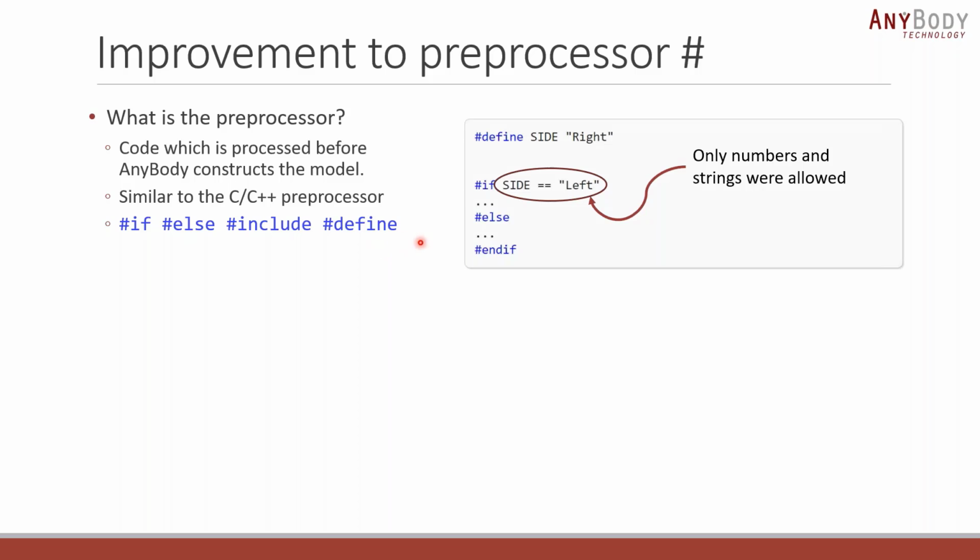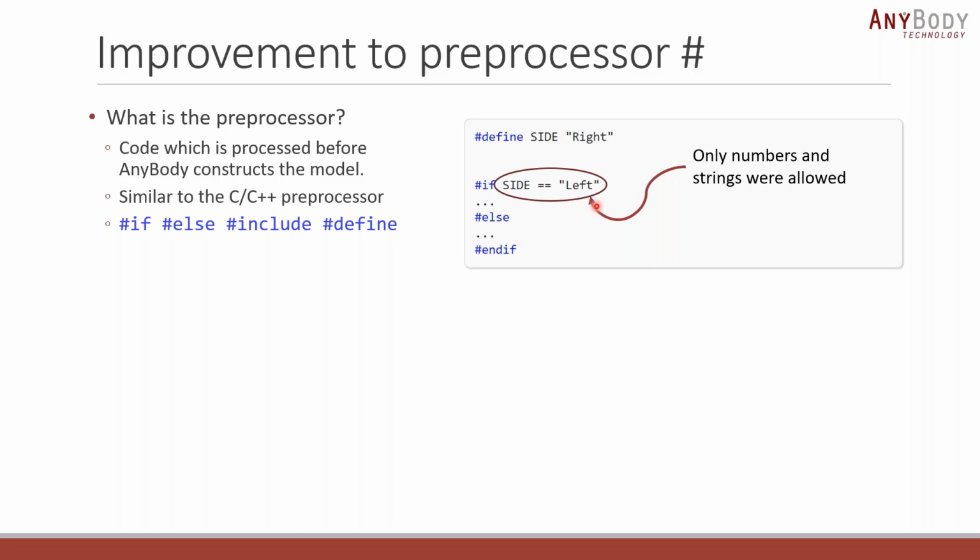They are structures in your script that allow you to select different parts of the model, for example, using some sort of small configuration variables here, like define side to right, and then you would have an if-else clause down here that included some part of the code depending on what the value of this side variable would be.